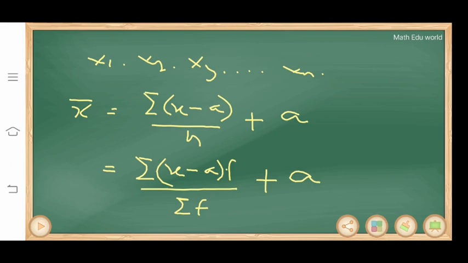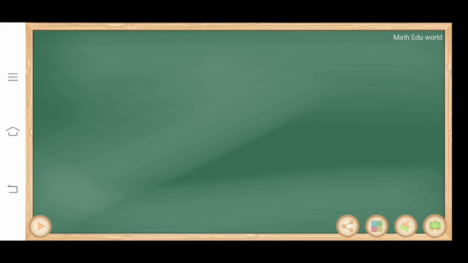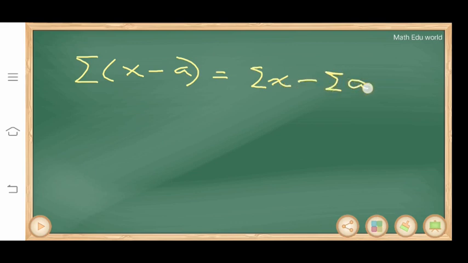Okay. So here the thing we need to remember is, in the coded data, sigma x minus a can be expanded as sigma x minus sigma a for n terms. So it can be written as sigma x, you know it is x1 plus x2 plus etc. plus xn, minus sigma a.